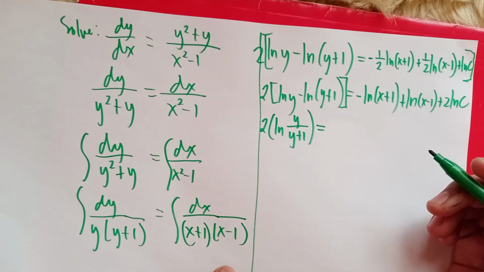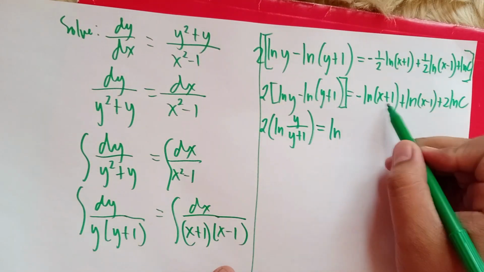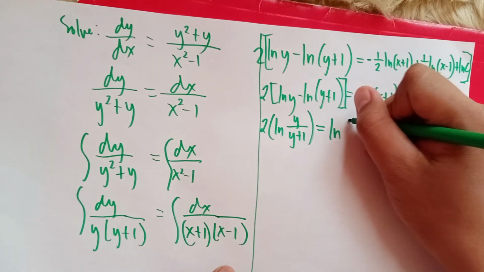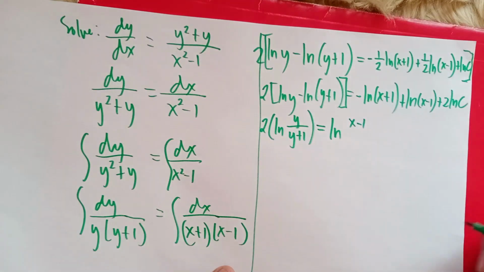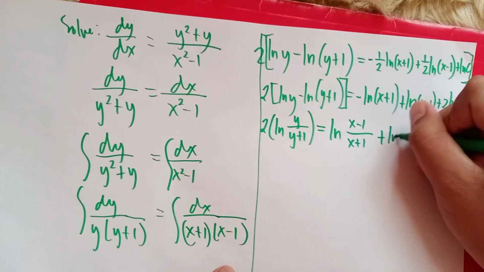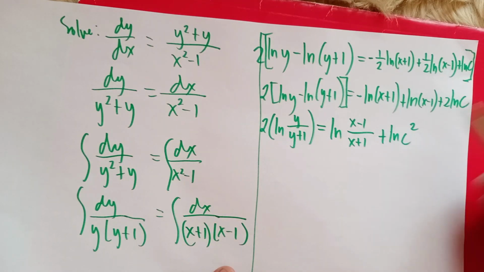So, applying the logarithmic property, this is equal to the natural log of, so the subtrahend goes in the denominator, mga boss. So, we have x minus 1 divided by x plus 1 plus natural log of c squared. Okay? Because the 2 becomes the power of c.